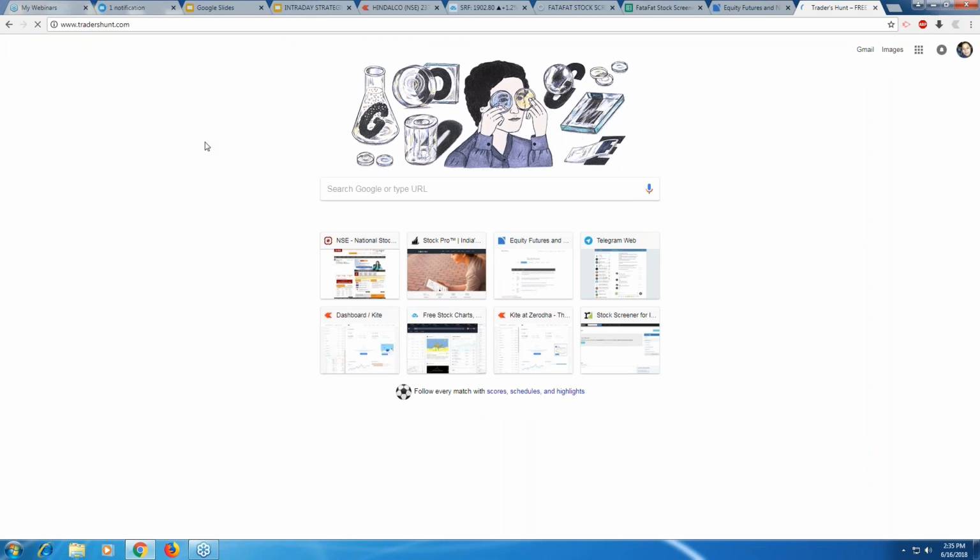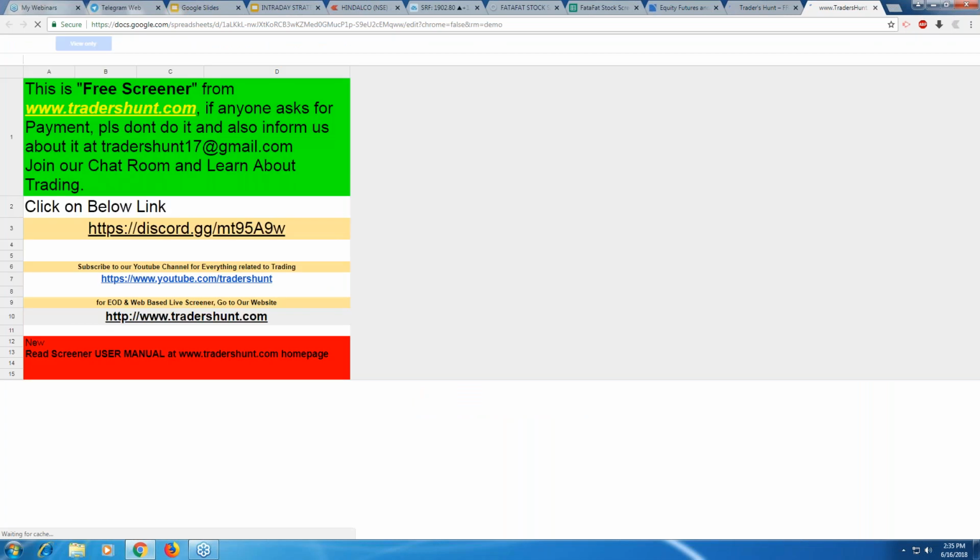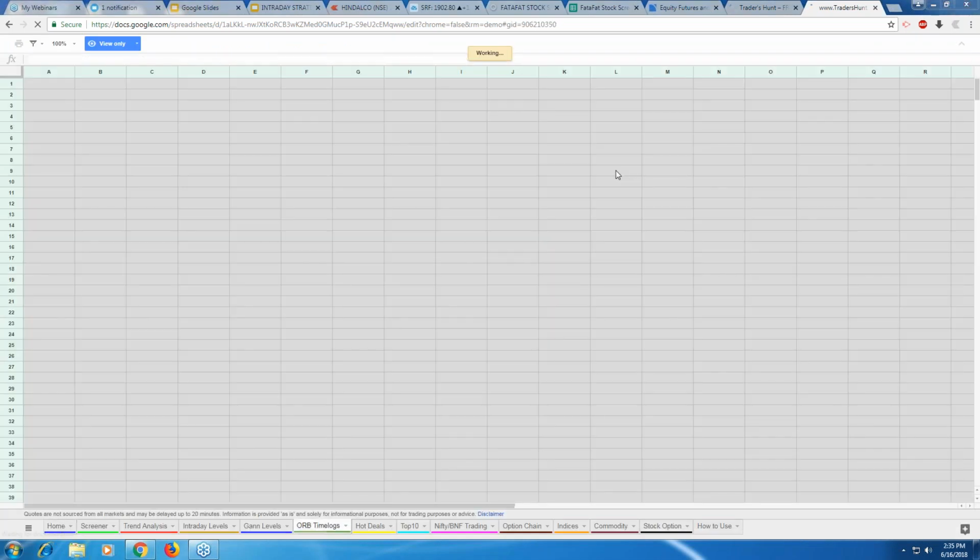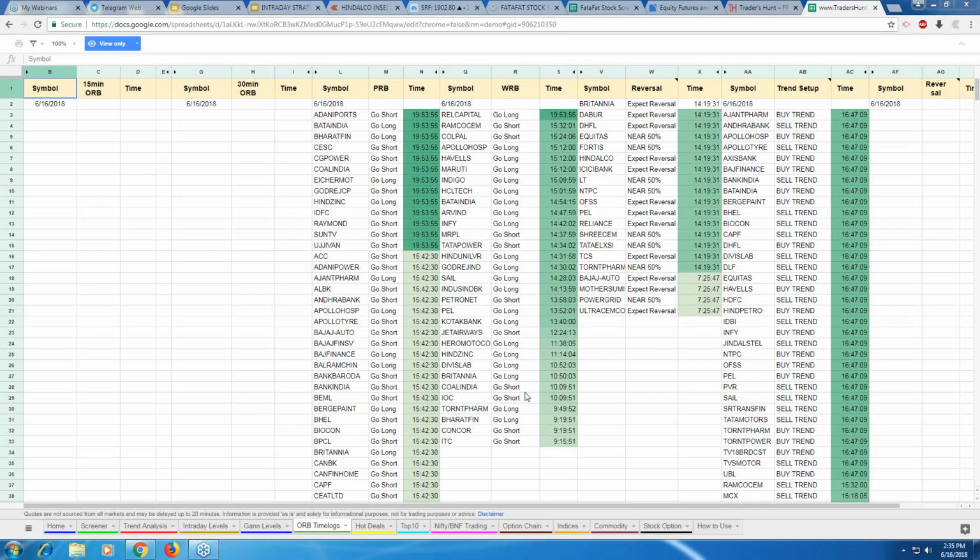So here is the ORB time log. This will tell you which stock had its ORB at what time, right? Means, see here, ITC, Concor, all these stocks.